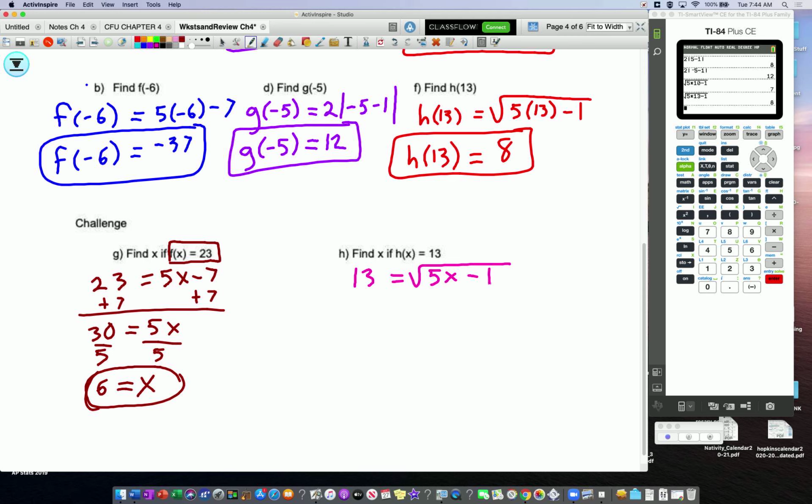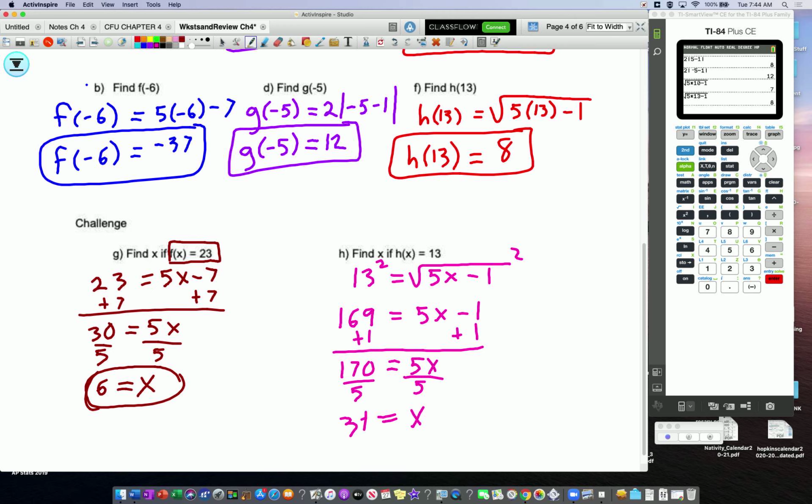So inverse operations, square both sides. So 169 equals 5x minus 1. Add 1 to both sides. So 170 equals 5x. Divide by 5, and x equals 34.